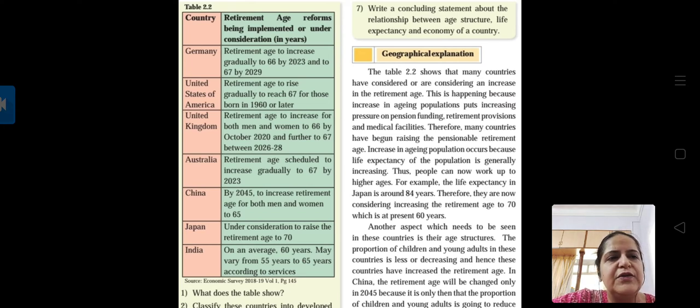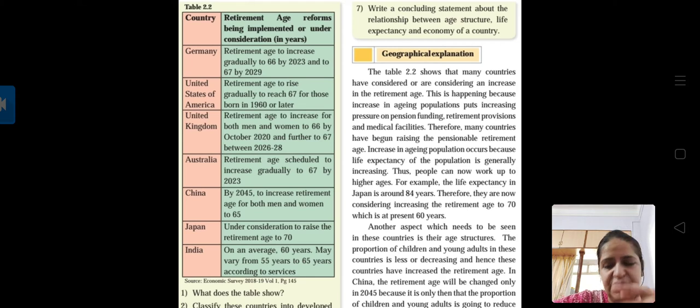These people, when they get into hospitals also, get some privileges. And to not add on to those burdens, the government has tried to increase the retirement age so that it doesn't put a burden on all these three things. Therefore, many countries have begun raising the pensionable retirement age.